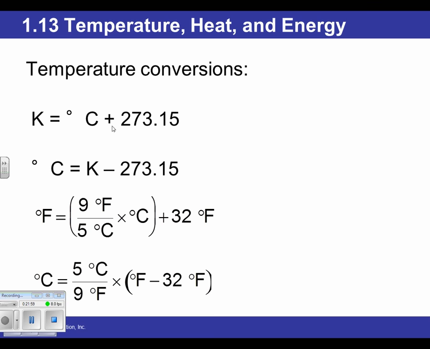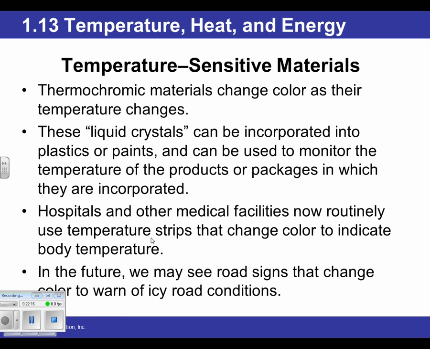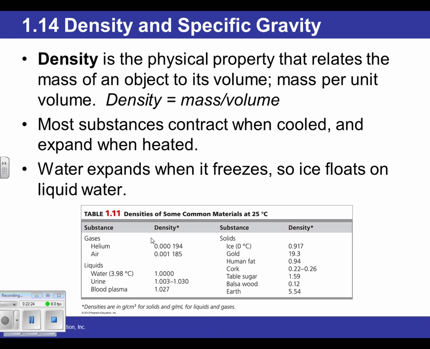Kelvin is equal to degrees Celsius, and to get that, you add whatever number you have in degrees Celsius to 273.15 or 273, and that'll get you Kelvin. And if you have Kelvin and try to seek out Celsius, you can take the Kelvin temperature and subtract 273. There are a lot of things that are temperature sensitive out there. We won't spend a great deal talking about those, but density represents a derived unit of the SI units.